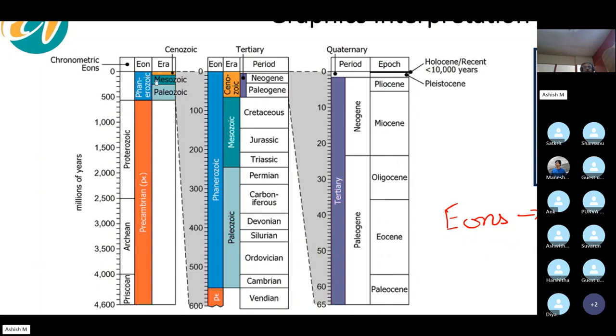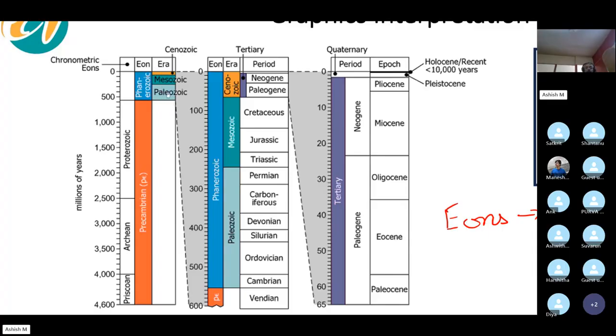Now, this Phanerozoic eon itself is represented in the middle diagram. So this Phanerozoic eon, as we saw here, has 3 eras.